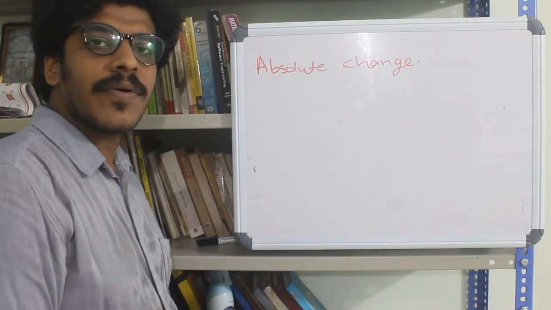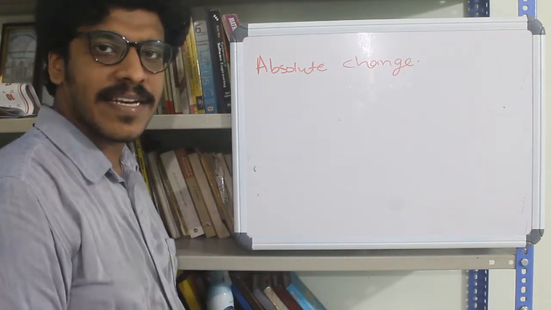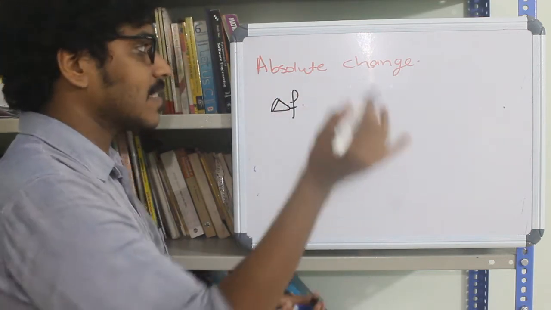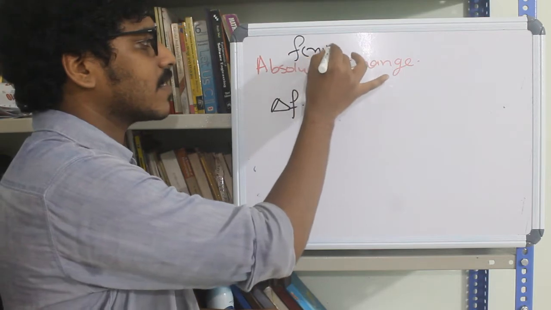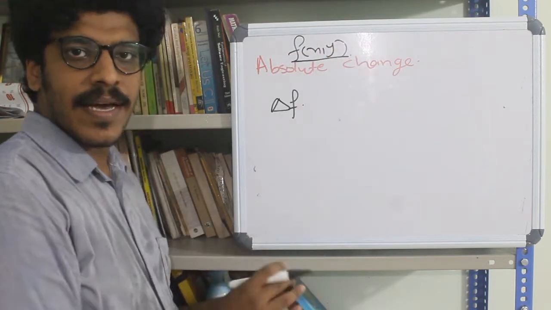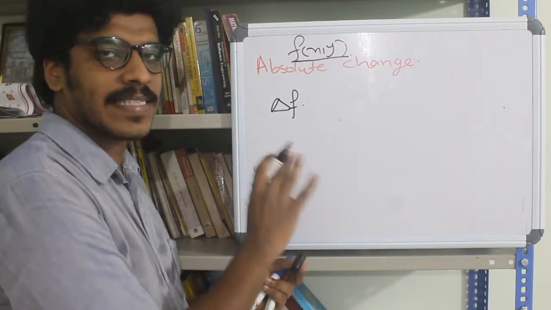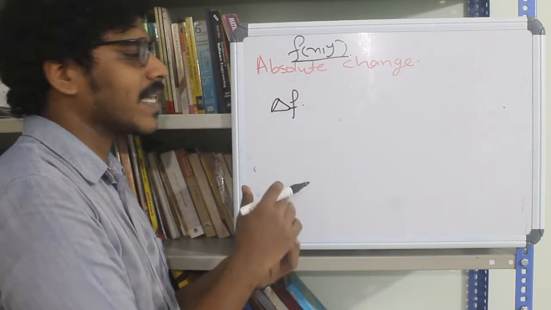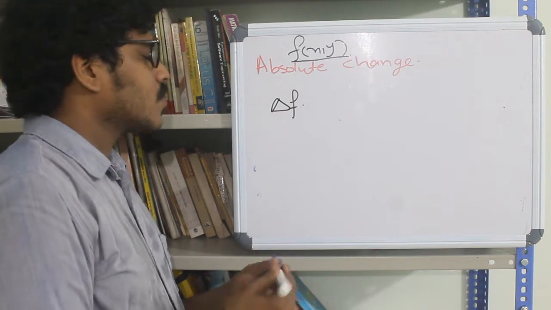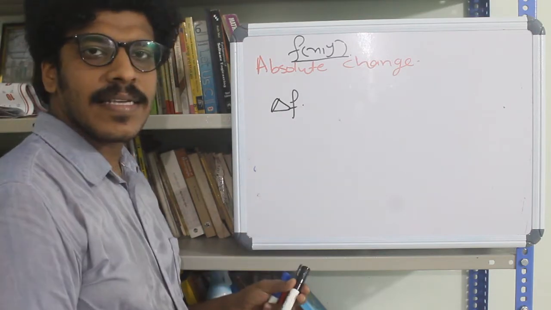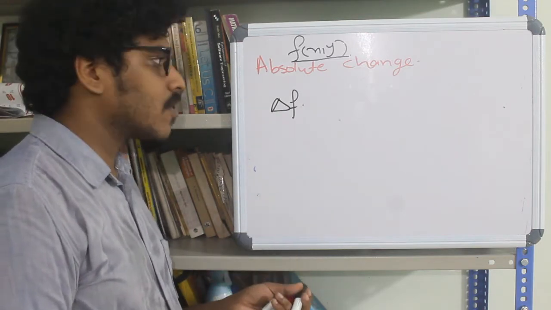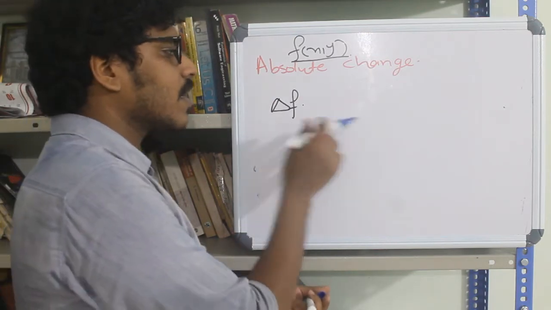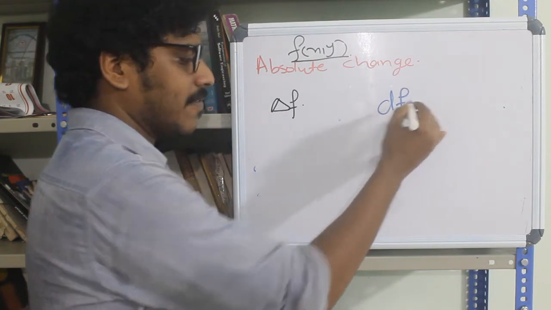The actual value of absolute change is Δf. Consider we have a function f(x, y). This is our underlying assumption. f(x, y) is a function of x and y. So Δf is the actual value of absolute change, and we have seen a better approximation for Δf as df.